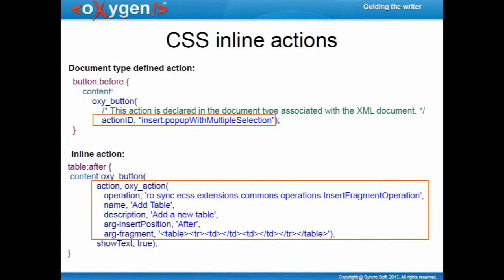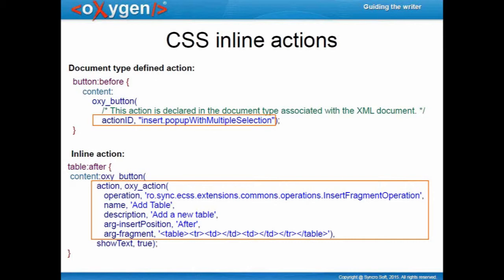Another thing that I want to emphasize on this level is the fact that when I've added this inline action form control, I've defined the author actions inline, right in the CSS.